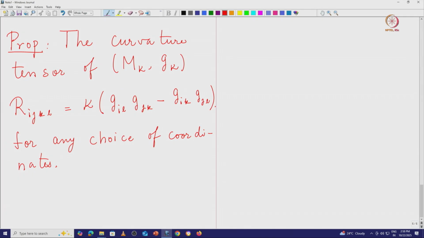Okay, so in order to do this calculation, I am going to recall this lemma from last time, from the previous lecture.